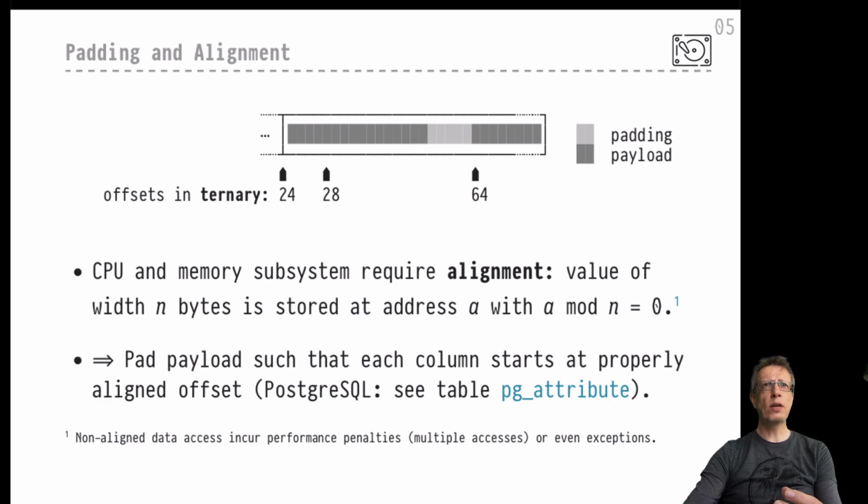So let's look at this padding and the organization of the payload data some more. So this again would be the entire row. I have now omitted the metadata, the header information that is present in the row, and I've only focused on the actual payload data. And for a row in the ternary table, we know that the payload data has to have 3 sections, the A, B, and C column sections.